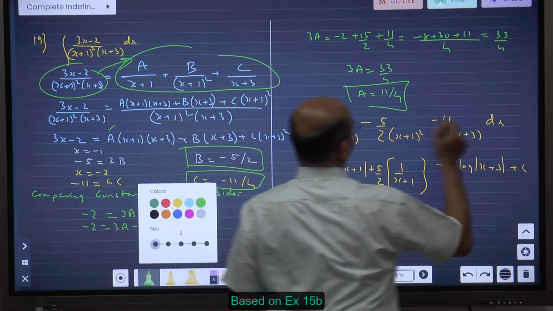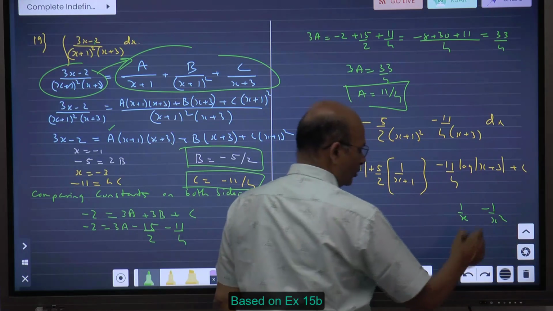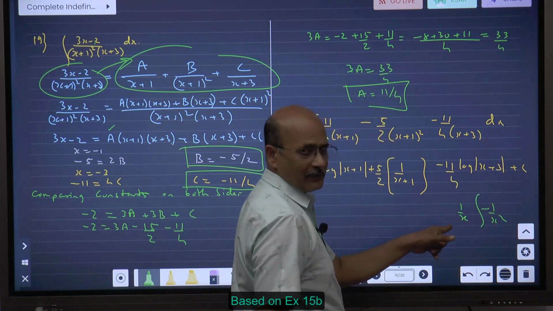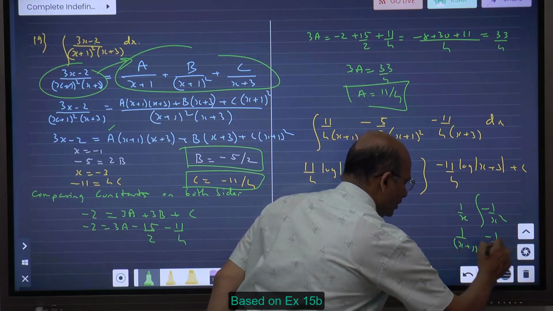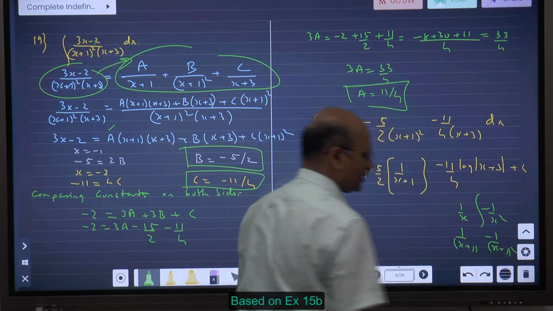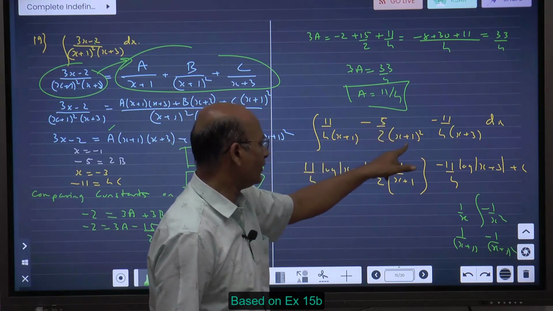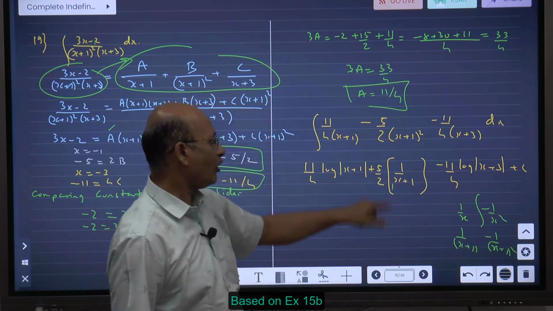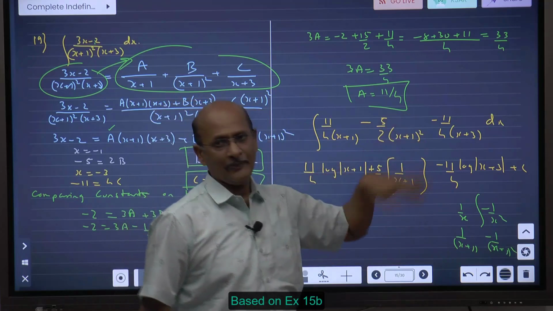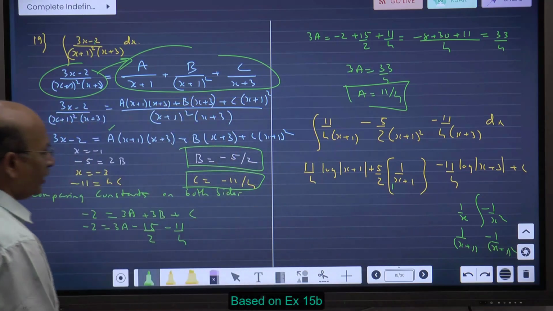See, 1 upon x derivative is minus 1 by x square, so the integral of minus 1 by x square is 1 by x. Similarly, 1 upon x plus 1 derivative is minus 1 upon x plus 1 square. So the integration of that will be 1 upon x plus 1. Or use the power rule: take this raised to minus 2, apply the power rule, you will get the answer. Got the point clear, children?